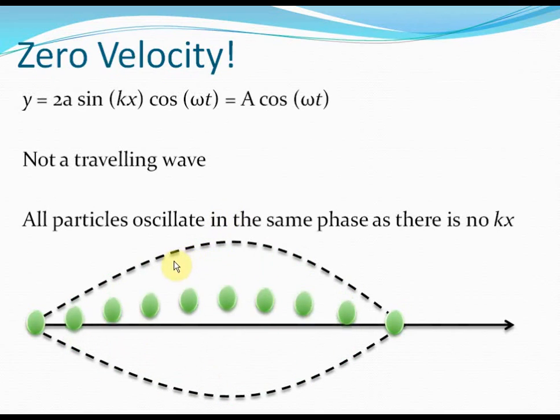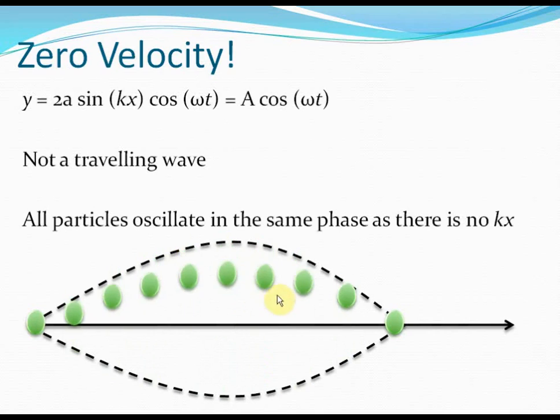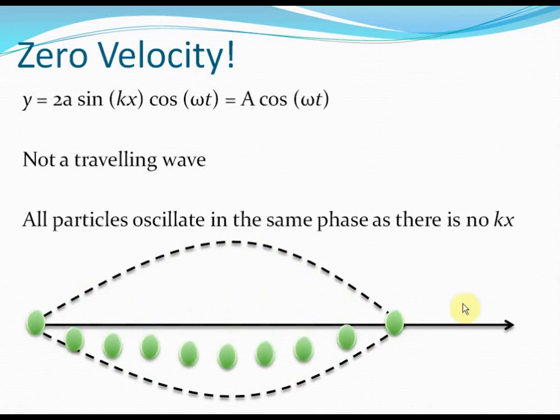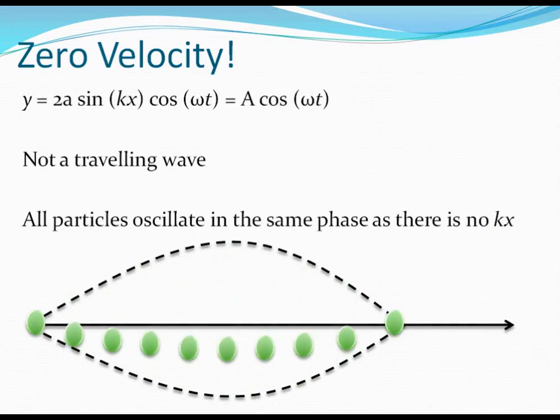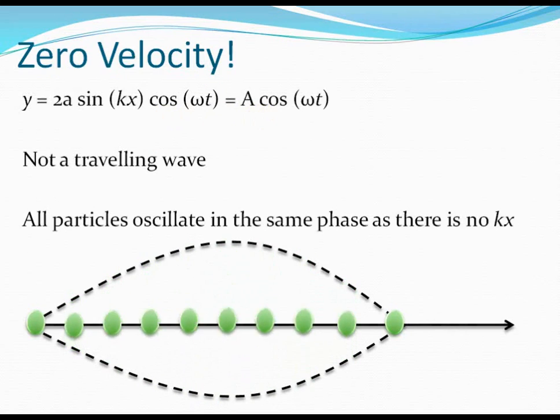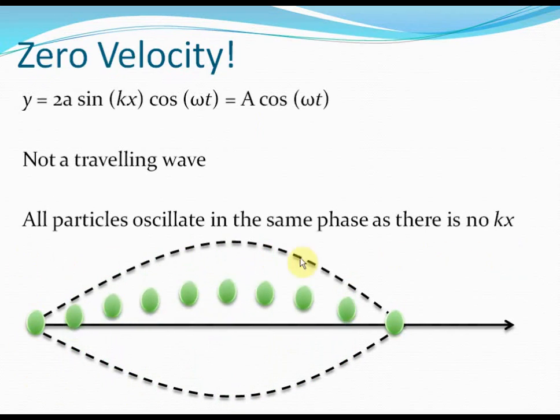However, the amplitude for each particle is different. That's why you see this wave shape here. If you note the difference between this kind of wave, a cos omega t, where a is 2a sin kx, and the normal wave we studied, a sin omega t minus kx, what you'll notice is that in that case the amplitude of oscillation for each of the particles was exactly the same.